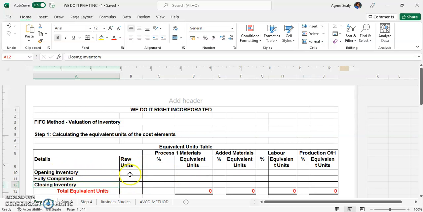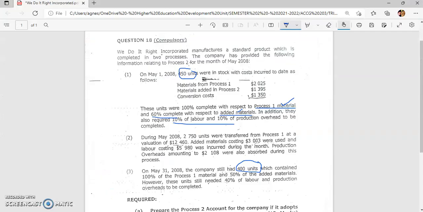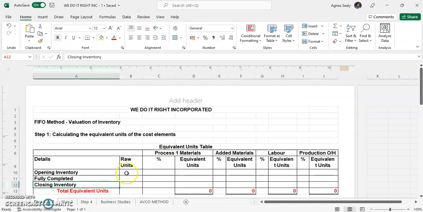So what are our raw units for opening inventory? Based on the question, our opening inventory raw units is 450 units. Our closing inventory raw units are 400 units. But we do not know our fully completed units, and I will show you how to calculate that using one of the formulas we would have looked at previously.